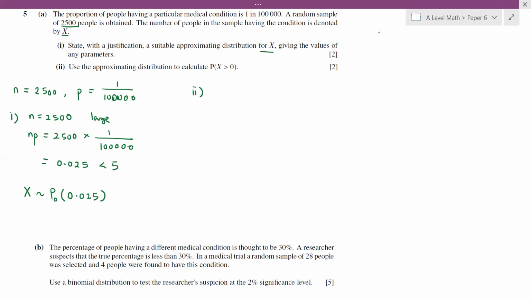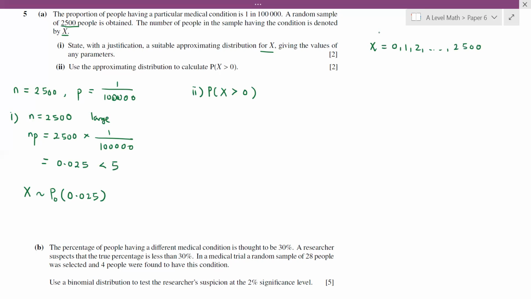Part 2, we need to calculate the probability that X is greater than 0. The values of X, the number having the condition, will be 0, 1, 2 up to 2,500.